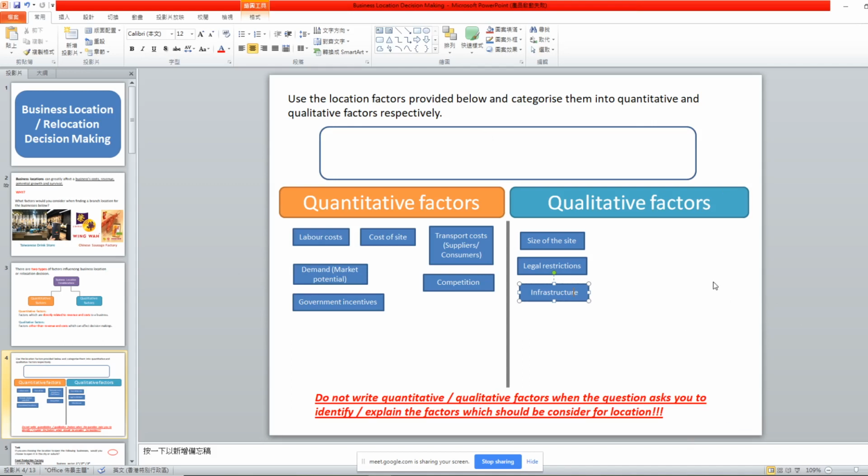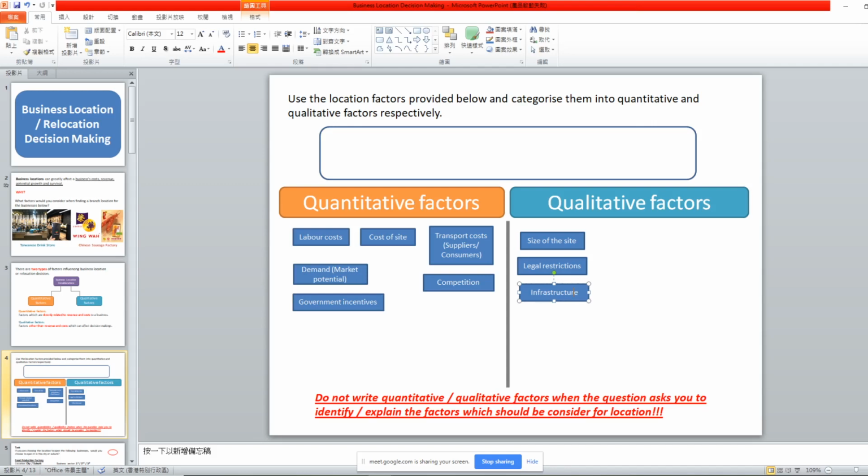Well, it depends on how you explain it. Why is tax part of legal restriction? What kind of tax? If there is some sort of tax, I don't see it, maybe in some countries.